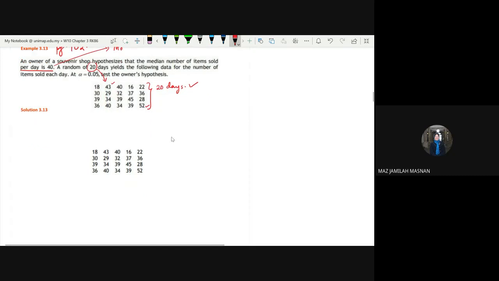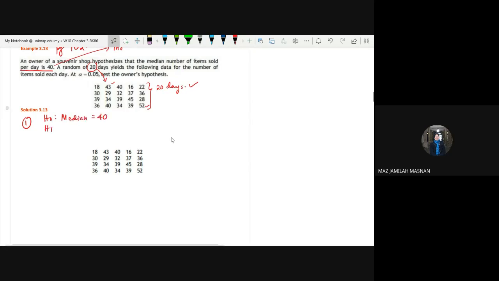The first step would be setting the hypothesis statements. The null hypothesis would be median equal to 40.